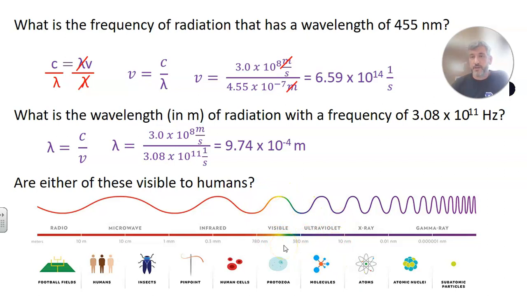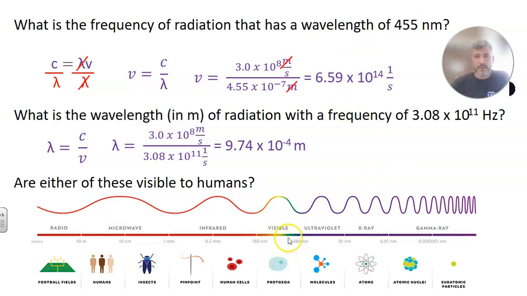But the only difference and the only reason for that, it's not the nature of the actual radiation, it's just we have not evolved to see those other frequencies and wavelengths of light. So ultraviolet, of course, we can't see, X-rays we can't see, and gamma rays, which would be really, really short wavelengths, we can't see.